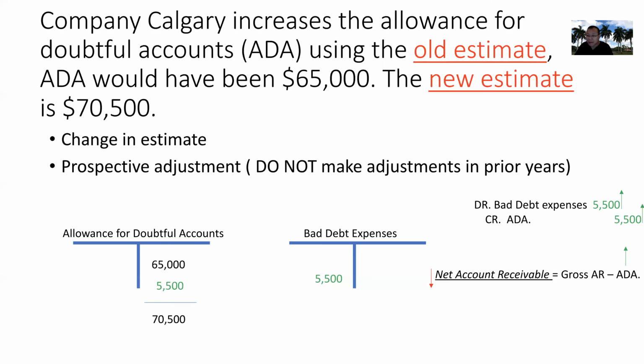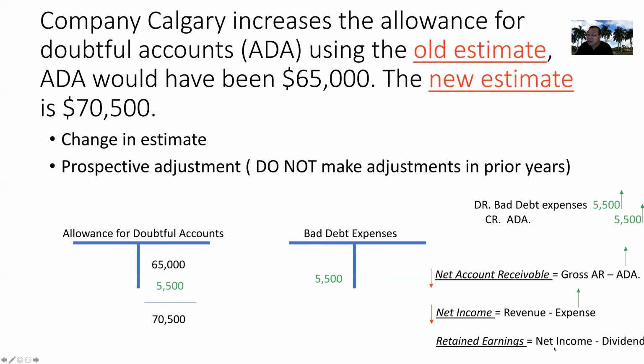Okay, what about the income? So we know net income equals revenue minus expense, right? So bad debt expenses increased by 5,500. So my expenses increased by 5,500. So my income will be reduced by 5,500. Okay, so retained earnings. In intro financial accounting, you have learned that retained earnings equals net income minus dividend. So your net income decreased by 5,500.